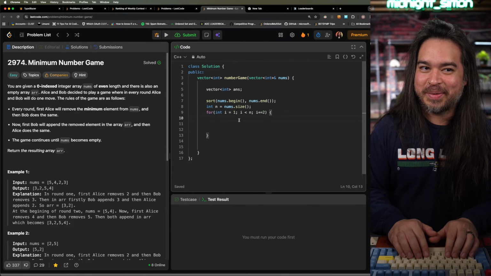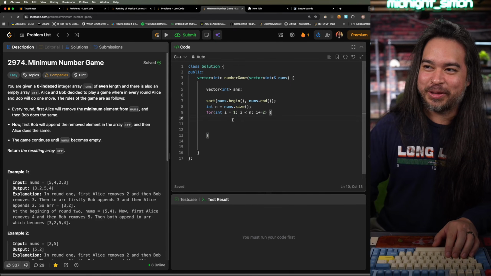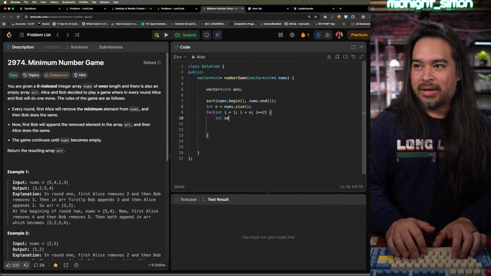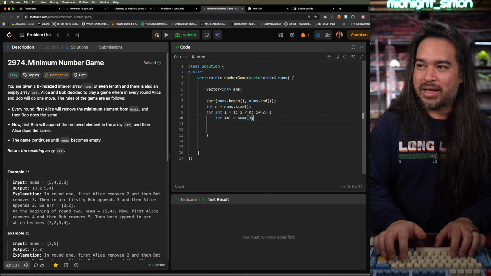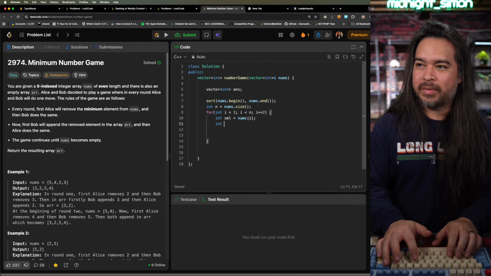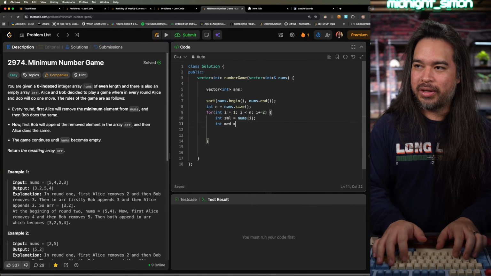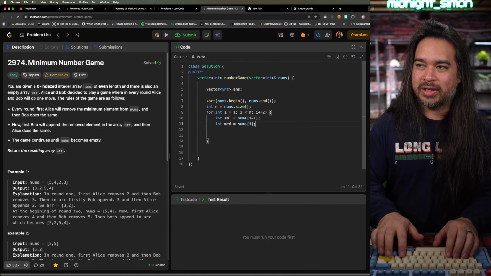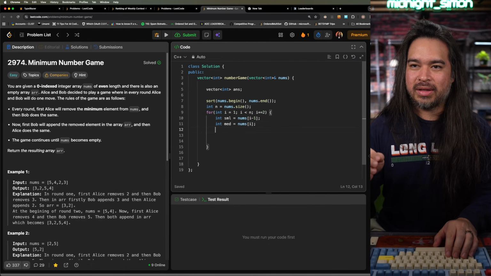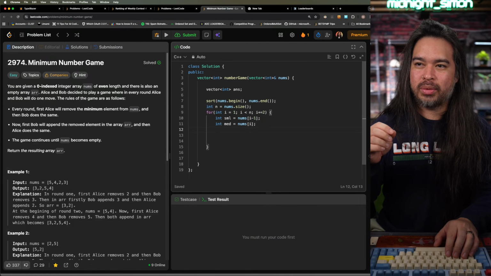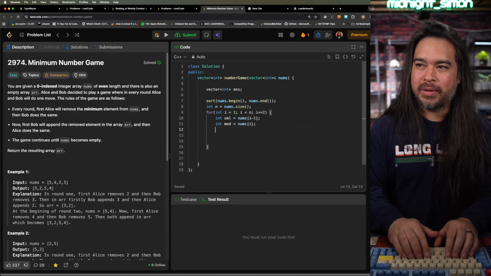Blazing saddles, man. I am not algo trained these days. The smallest number is nums[i], and the second smallest, medium, I'll just call it medium, is nums. Wait, the smallest is i minus 1 actually. So these are those, and then they say Bob will now append the removed element, and so Bob goes first.